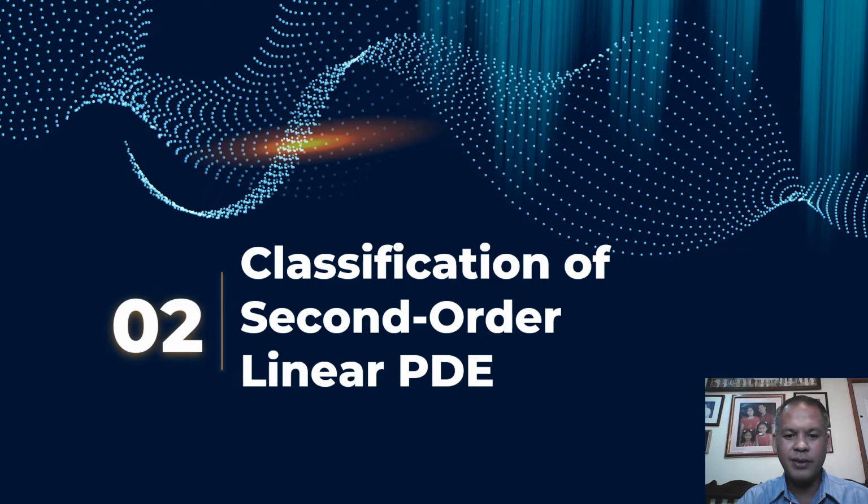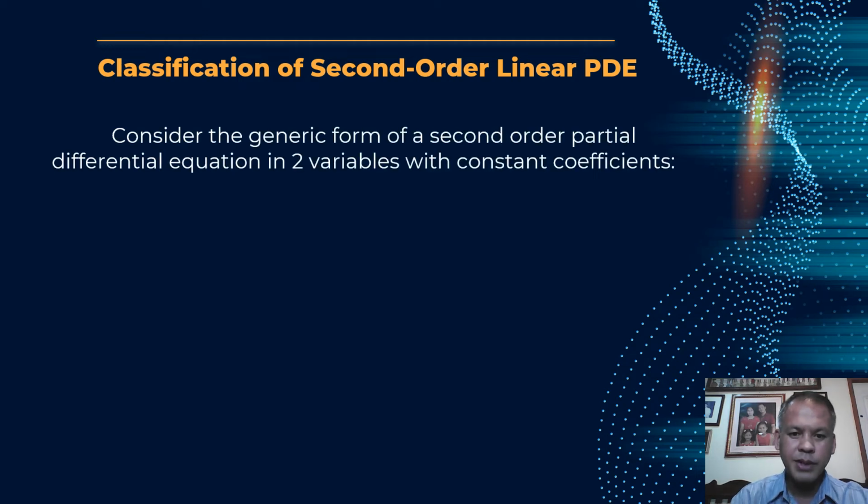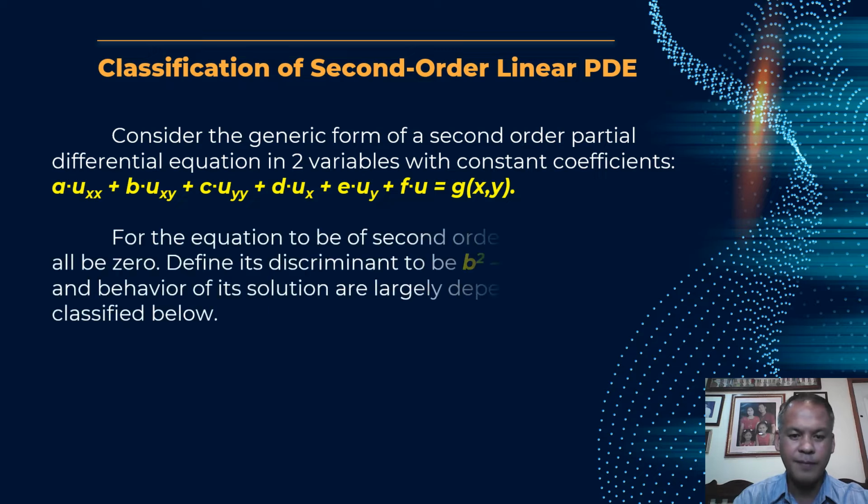Classification of second-order linear partial differential equation. Consider the generic form of a second-order partial differential equation in two variables with constant coefficients, a times u sub xx plus b times u sub xy plus c times u sub yy plus d times u sub x plus e times u sub y plus f times u is equal to g of xy.